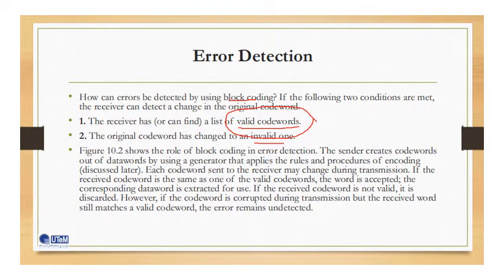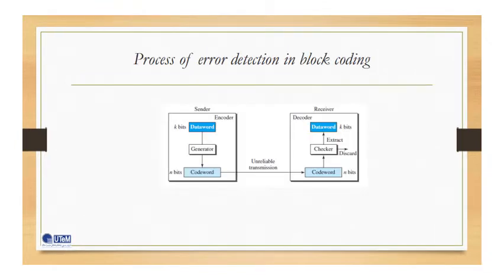Okay, so this is the process. First, the data word is combined with the generator, which generates the redundant bits, and this produces the code word. Then it is transmitted over the unreliable transmission, so something might happen in the middle of the transmission.